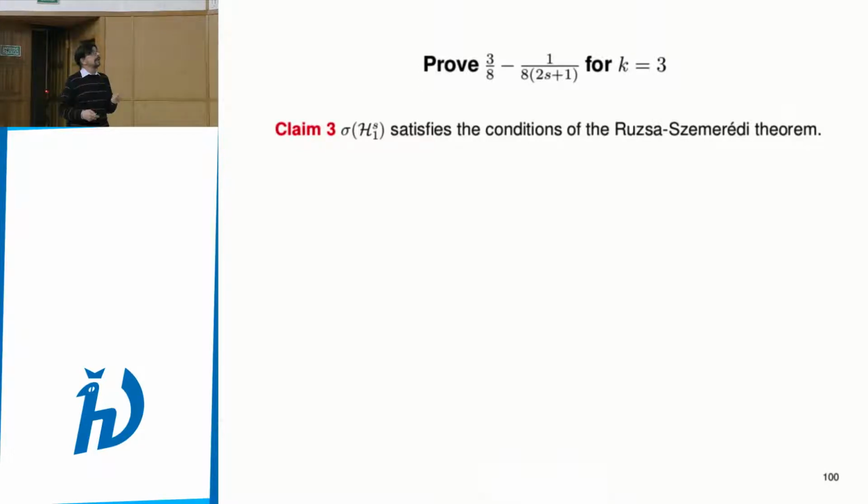And now, after replacing this by H1S, it would say that it satisfies the conditions of the Ruzsa-Szemerédi theorem, but it's not true, of course, because they cover one edge many times. But what we can try is to partition this family of three-element sets.